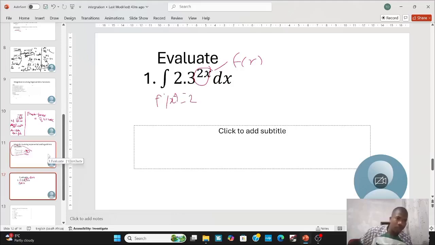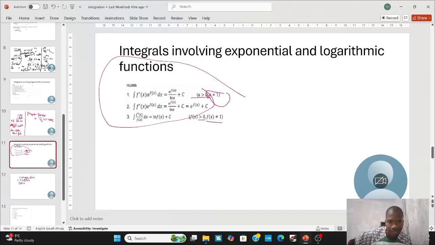So if ever you have f prime of x and a to the power f of x, then the formula that you will use is a to the power f of x over the natural log of a, right?